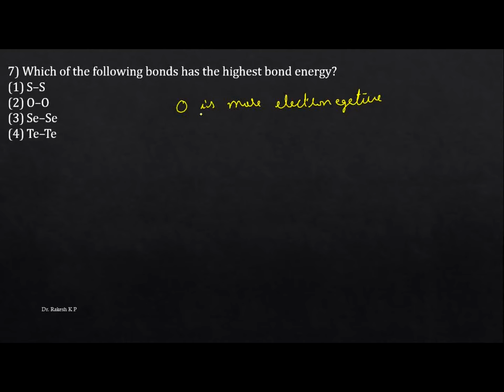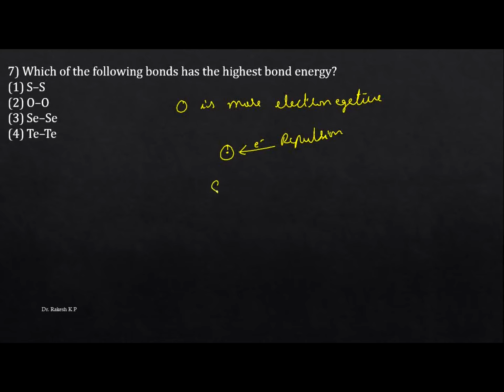So the bond energy should also be more. But here it is not taking place, because the size of the oxygen is very small, so whenever it gains electrons, the repulsions will be more in this case. Because of that, we can't identify it as the highest bond energy here.